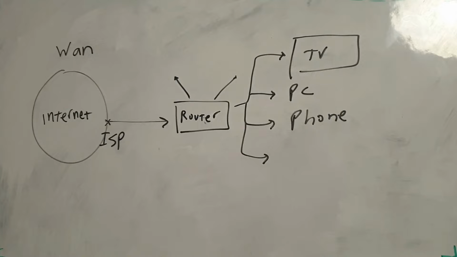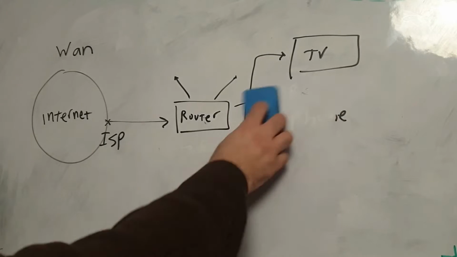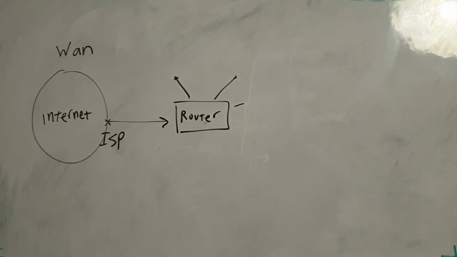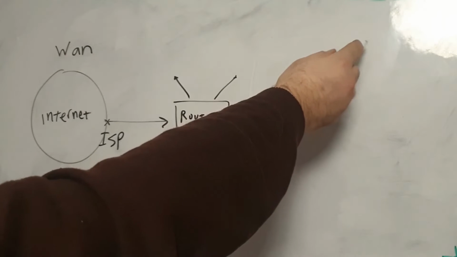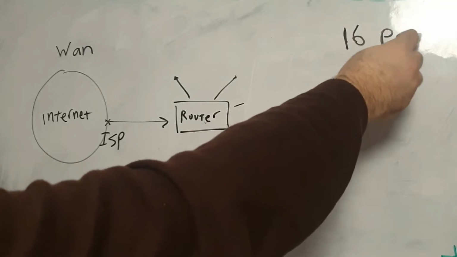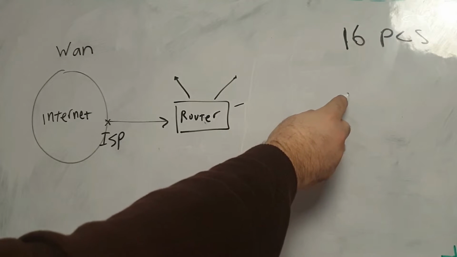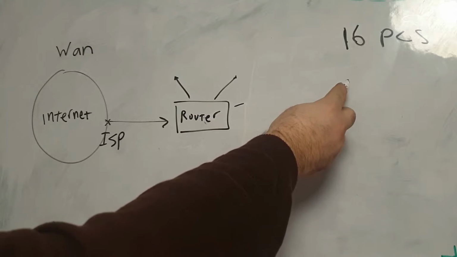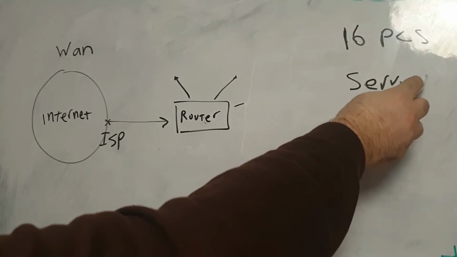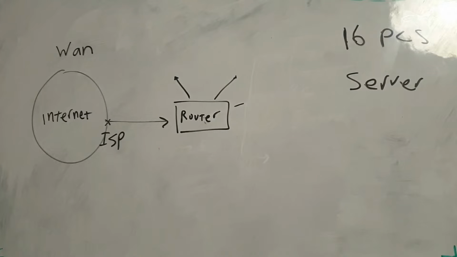So what we have here are a few computers. We've got about 16 computers, PCs, and we have a server PC, we call it big server.